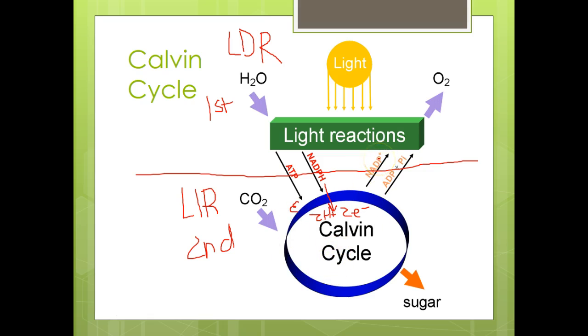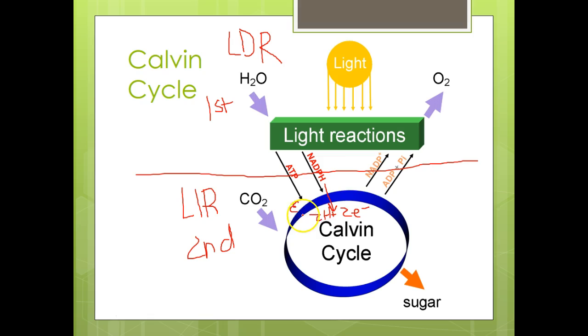NADP+ will be produced from the Calvin cycle, because when NADPH drops off those electrons and hydrogen ions, it eventually is oxidized back to NADP+, and so it's just like a taxi taking passengers from the light reactions. It'll drop off those passengers and return back to the light reactions as NADP+.